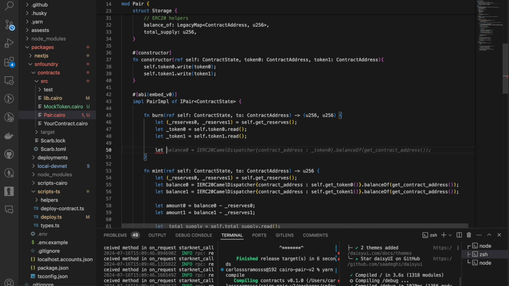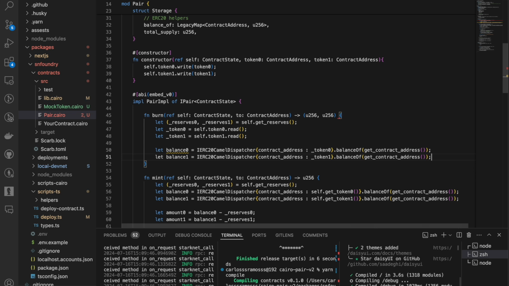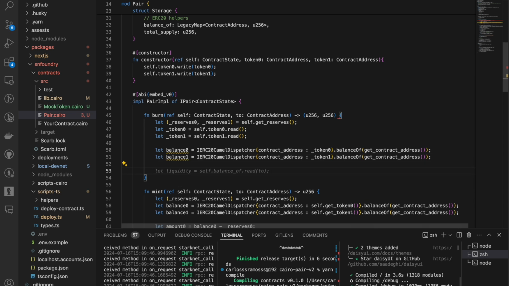The next thing we will be doing is calculating the balances of both tokens. Finally, I'm going to check how many of these liquidity tokens were sent.